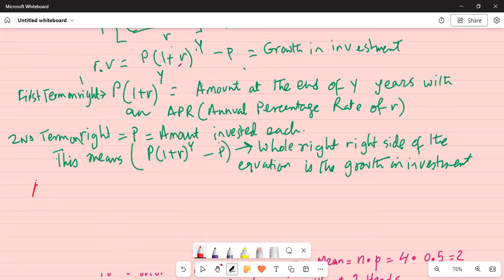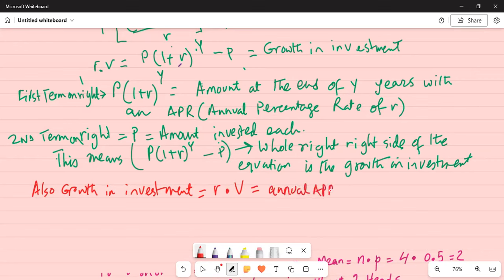Also, growth in investment is equal to R multiplied by V. R is the annual APR multiplied by the value at the end of 3 years. That's your growth.